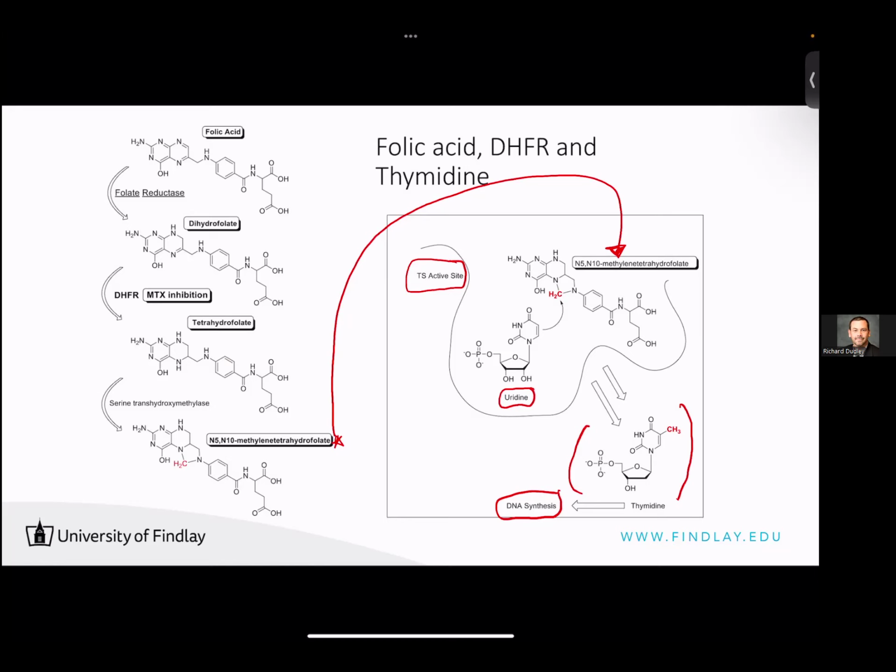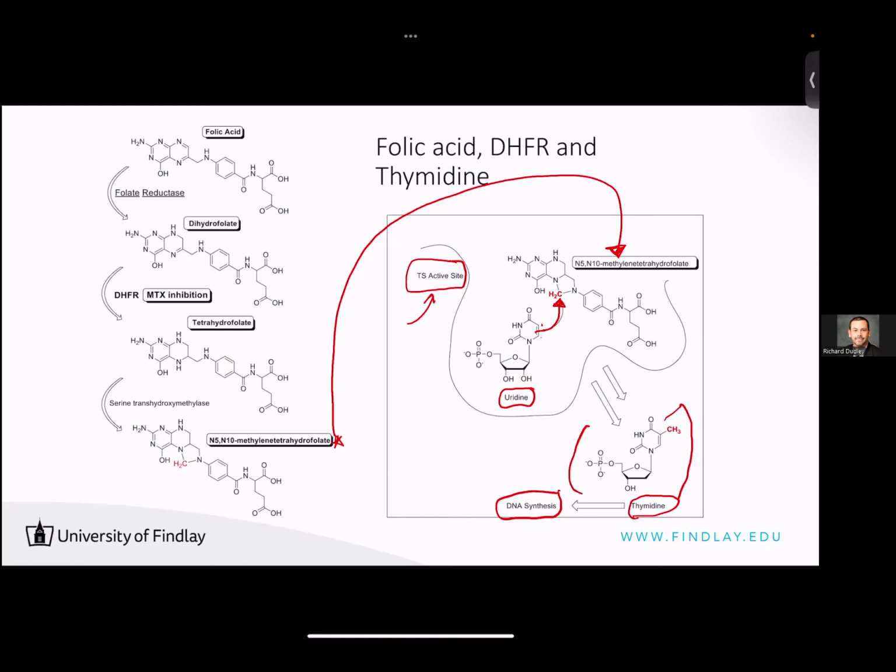When these two substrates come together in the active site of thymidylate synthase, uridine, specifically the double bond between the 4 and the 5 position, will actually come up and attack that methylene carbon between the N5 and N10 position in that methylene tetrahydrofolate. It will pull it off and remove it. And in doing so, you end up forming thymidine.